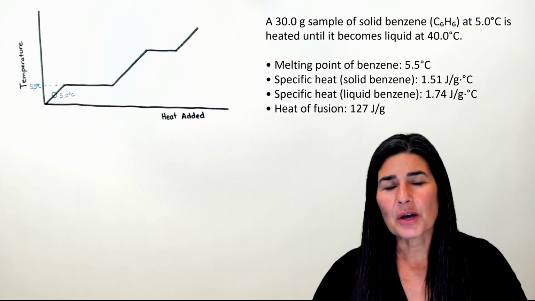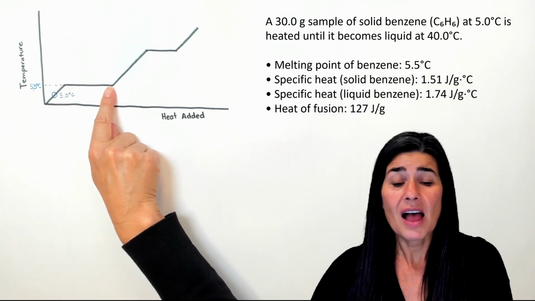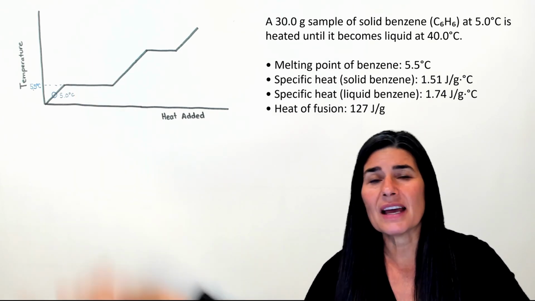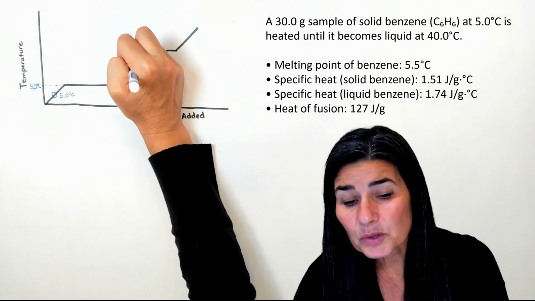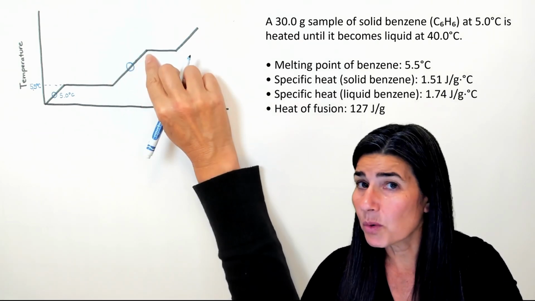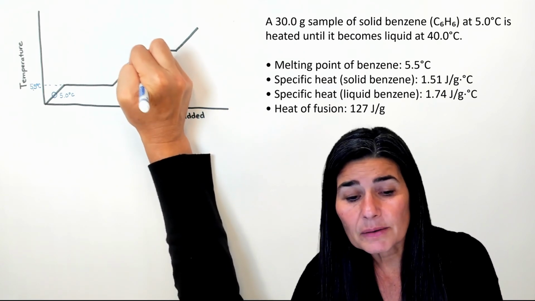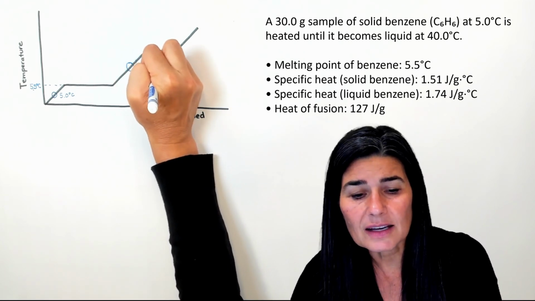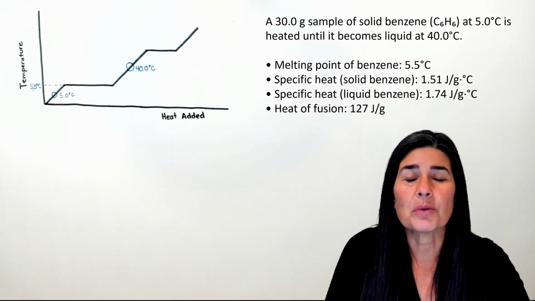I also know that after my phase change, after I melt that sample, I need to bring it all the way up to 40 degrees Celsius. So 40 degrees presumably is below the boiling point of benzene. 40 degrees happens right around here while we're still in the liquid phase. So it looks to me like we're going to have to do three things.